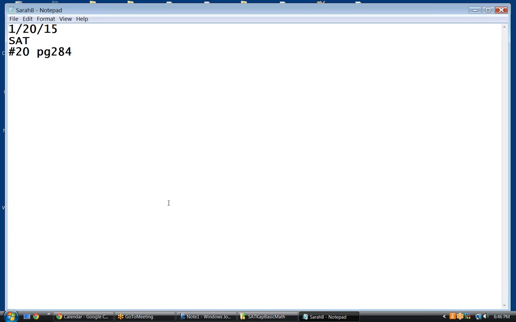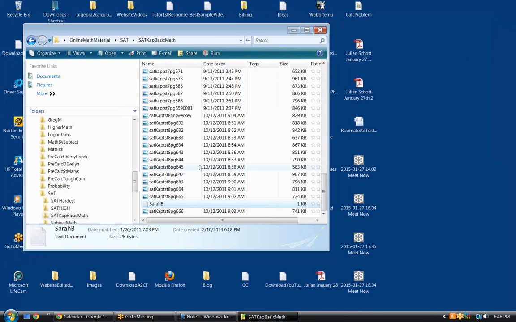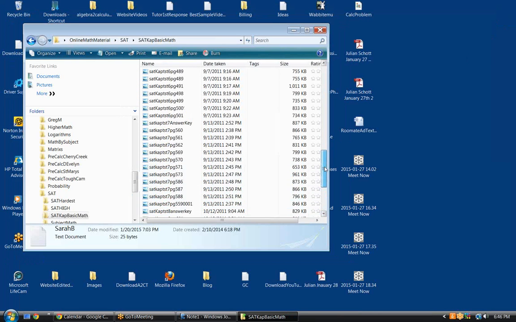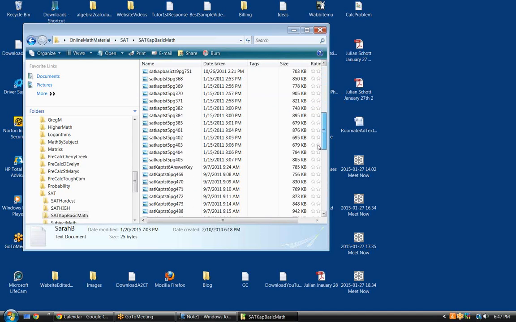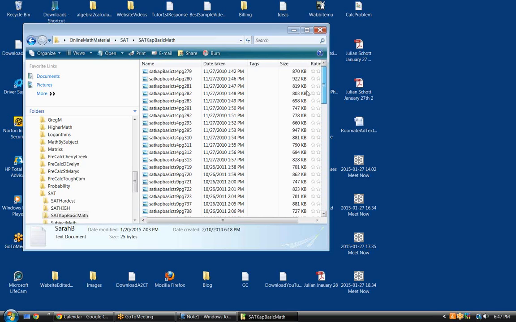We got through 20 on page 284. I'm not sure how we did that, because I don't see a page 284. What the heck happened? 284.